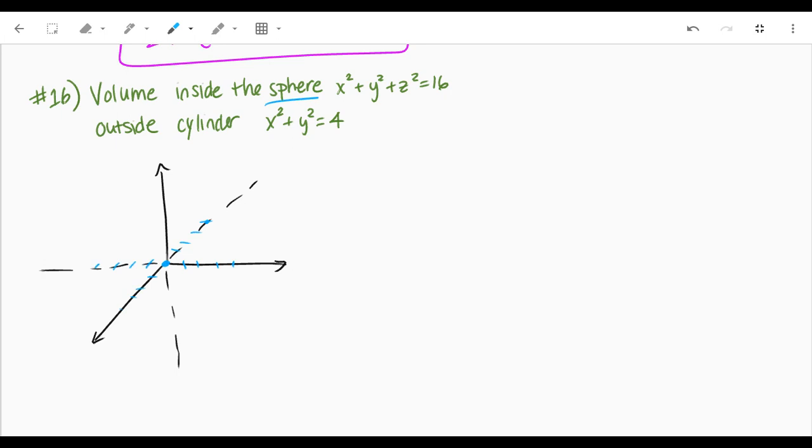So there's kind of your equator of your sphere, and we go up and down. Okay, it's not awful, right? But there's your sphere.